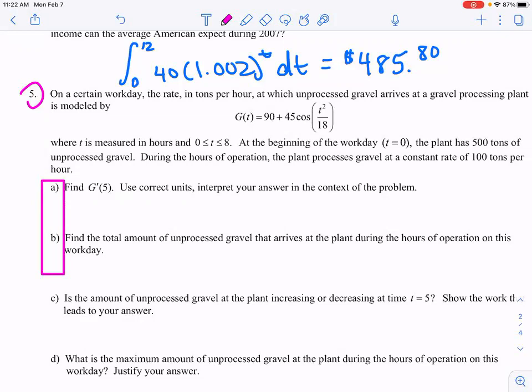So in part A, you can totally use your calculator. I would suggest in part A, use your calculator.